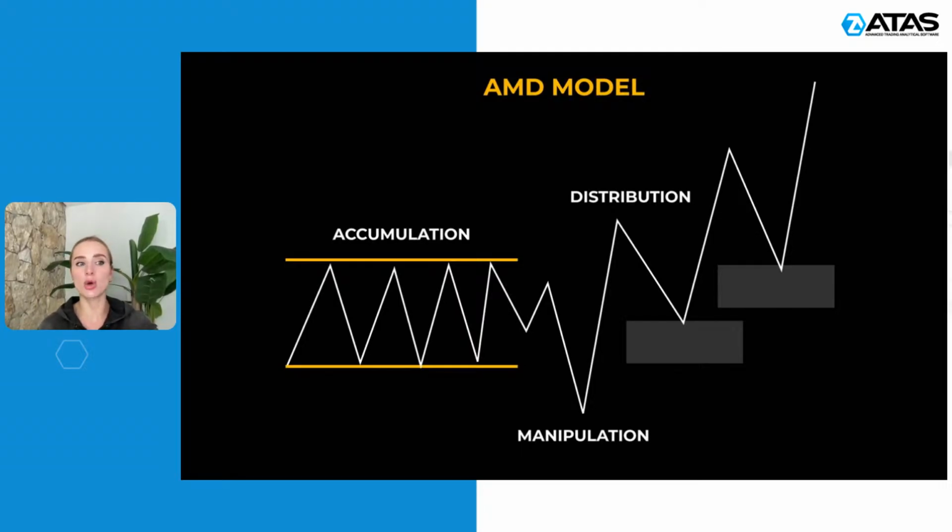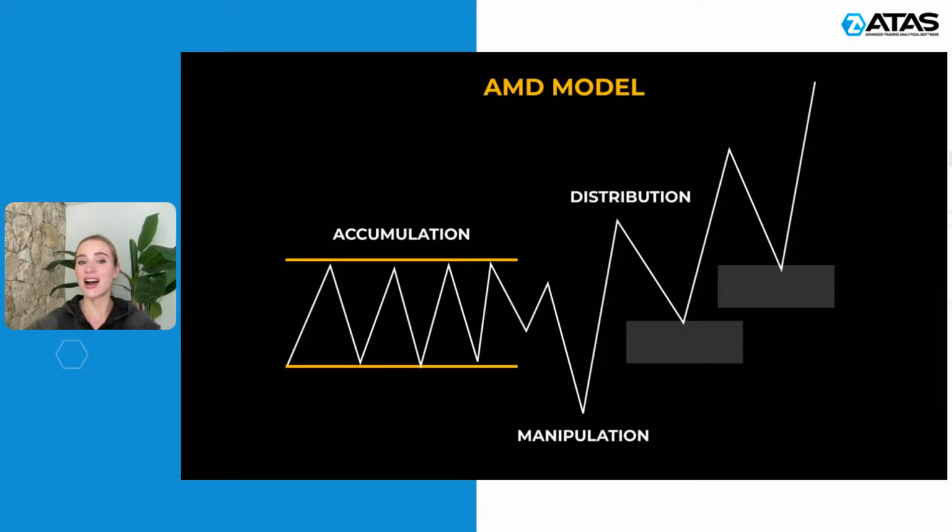The result is usually a stop run or a fast breakout with a very sharp increase in volume. So manipulation is a sharp volume spike, not a slowly, steadily increasing volume, but a sharp spike of volume, and then the price surges in the opposite direction. The distribution phase starts when, let's call us passengers, right?